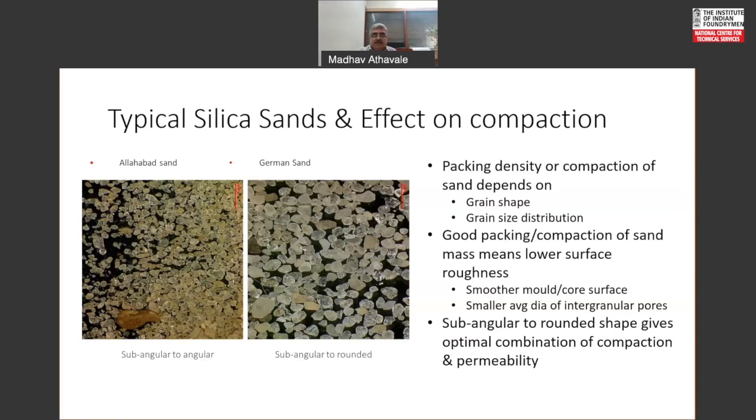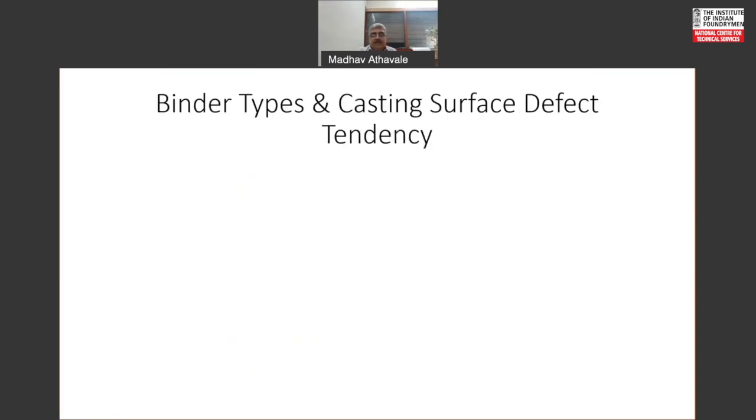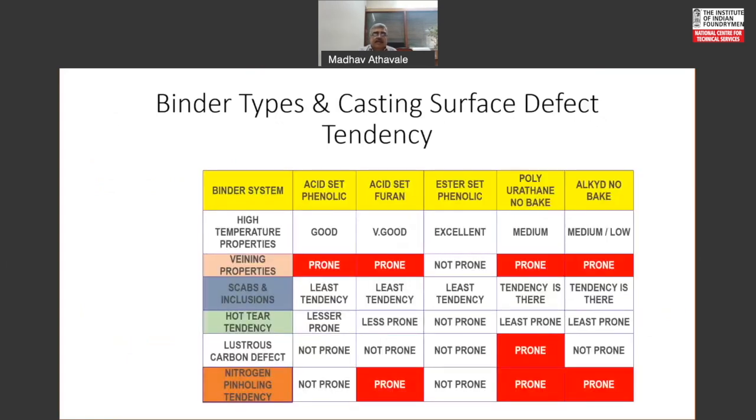Now, having looked at the nature of sand and the packing, let's have a quick look at binder type and casting defect tendency. Here I have taken four organic binder systems: acid set phenolics, acid set furan, ester set phenolic, which are alkaline phenolics, polyurethane no bakes, and our good old alkyd no bake.